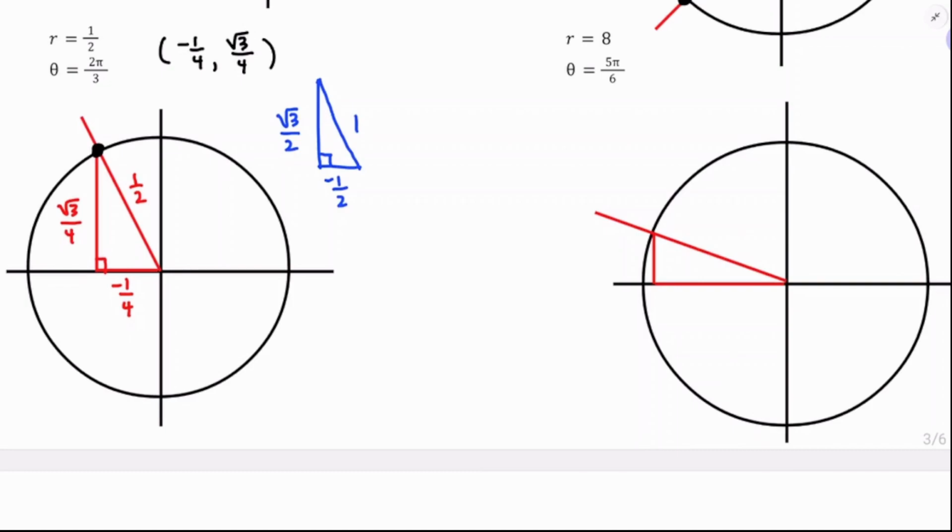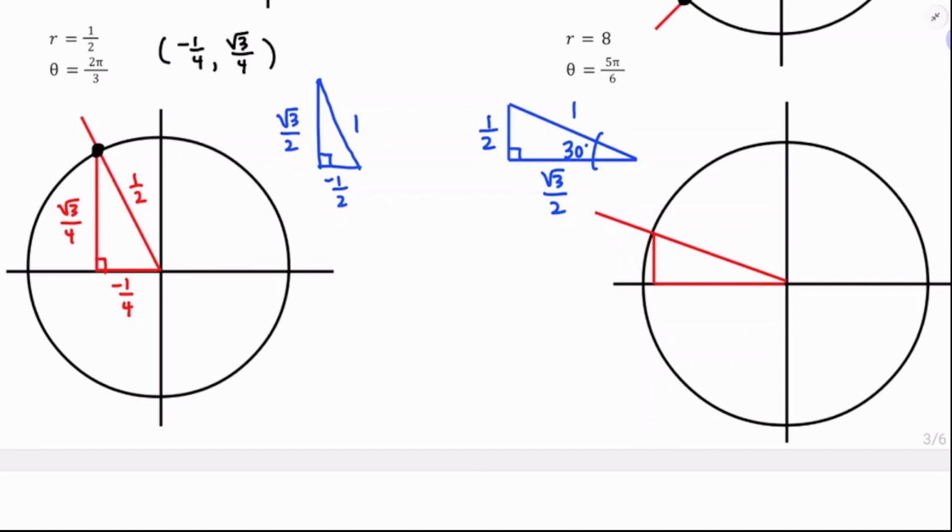And get the replica off to the side. It's a 30-degree reference angle. Hypotenuse is 1, short leg is a half, long leg is root 3 divided by 2.